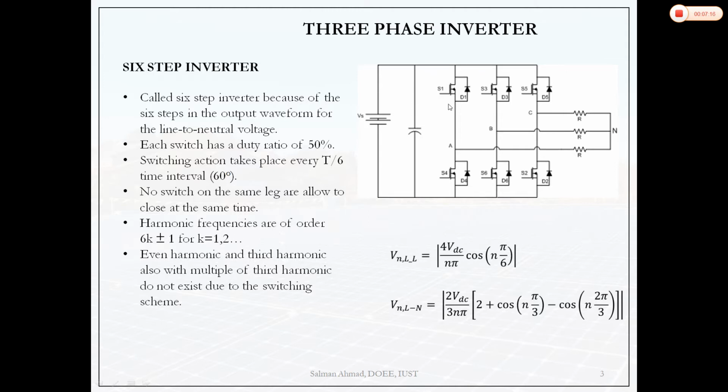Again, these switches can be MOSFET, IGBT, or thyristor, but MOSFET switches are preferred for low power applications, whereas IGBT switches are preferred in medium voltage, high power applications. We have to use bidirectional conduction switches, because the controllable switch will carry current in one direction, so we must have another provision to make it a bidirectional current conduction switch.